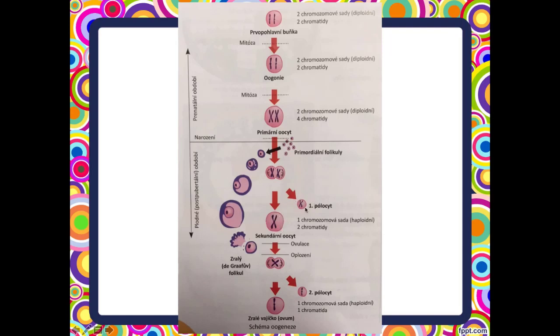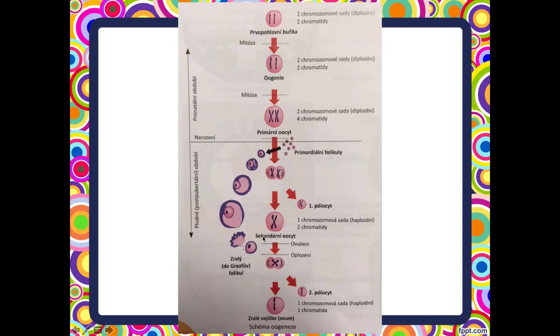Second cell which comes from this division is called the first pole body, which is just very small cell which lacks the cytoplasm, and it contains the rest of nuclear content.